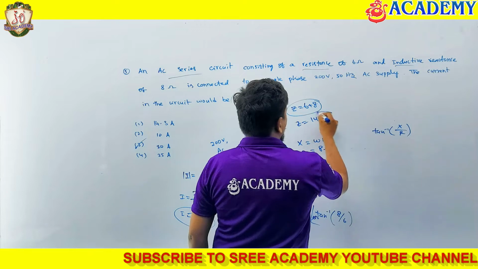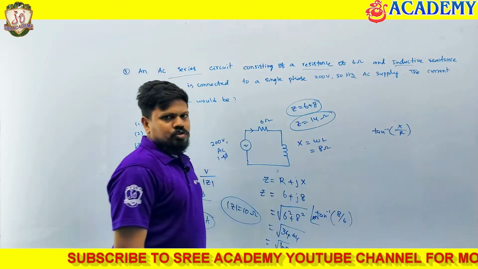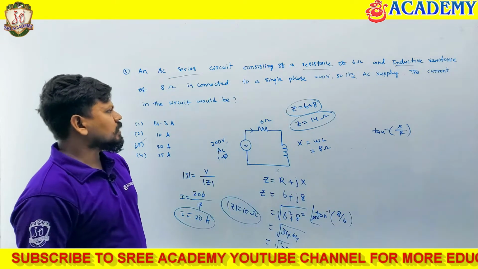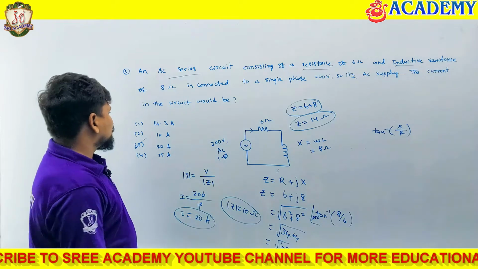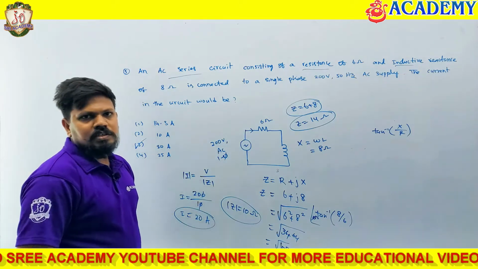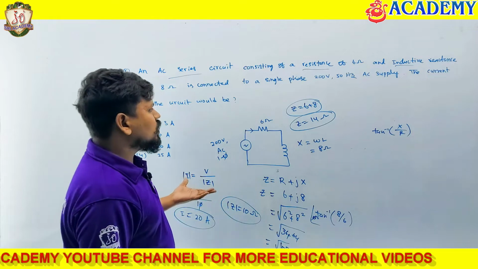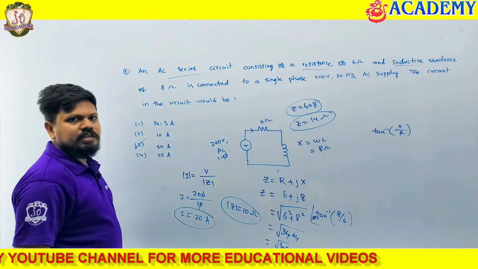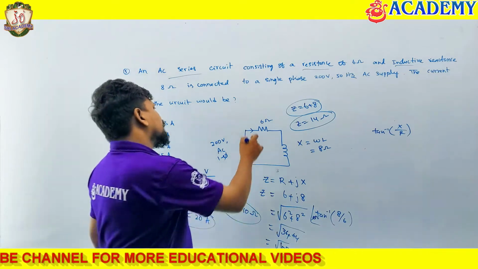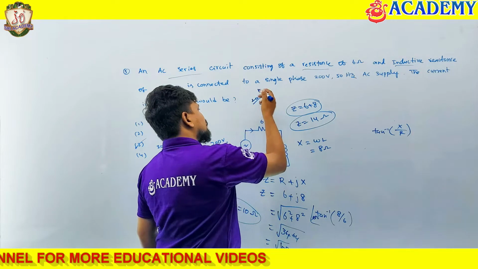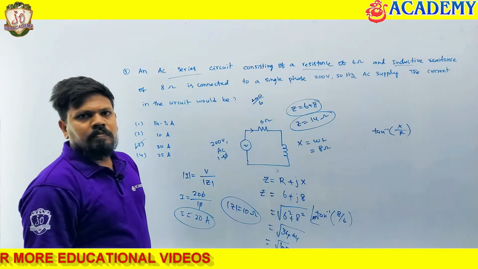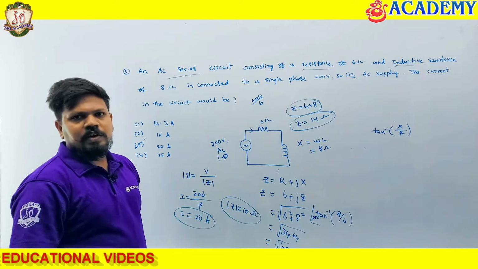Z equals 14 ohms. Understood, right? Z equals 14 ohms we will get. 200 divided by 14 ohms, you will get a different answer, you will not get it here. Understood? Otherwise, if you consider 200 divided by 6, you will get a different answer. 200 divided by 8, you will get a different answer.